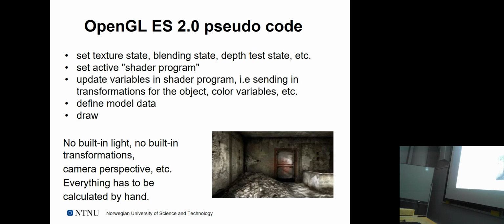You need to link your actual game, if you like, with the graphical output to some extent. Then you upload the model data, meaning the vertices, and then just say draw it. You need to do everything yourself. There are helper libraries for that purpose, but fundamentally it's much more up to you to do transformations, turn the object in 3D virtual space, and position the lighting and the camera, right?